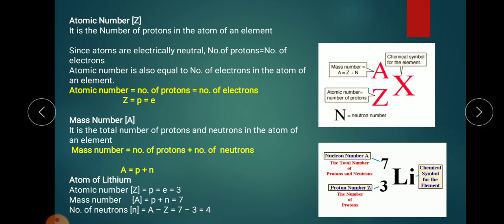We can use this formula. For an atom of lithium, atomic number Z is 3, so protons and electrons will be equal to 3, because the number of protons is equal to the number of electrons. Then mass number is given as 7. To find the number of neutrons, we use N equals A minus Z, that is 7 minus 3 equals 4. So that will be the number of neutrons.